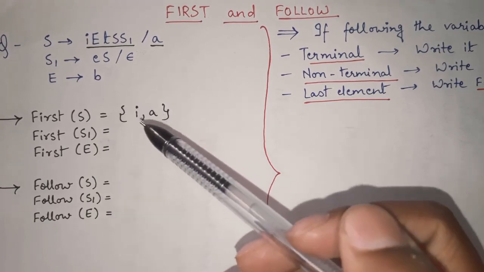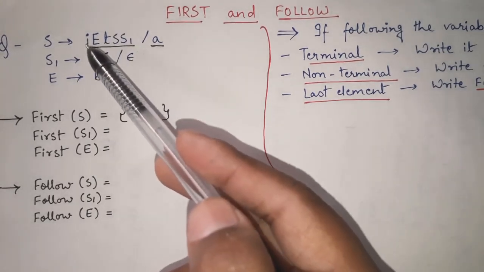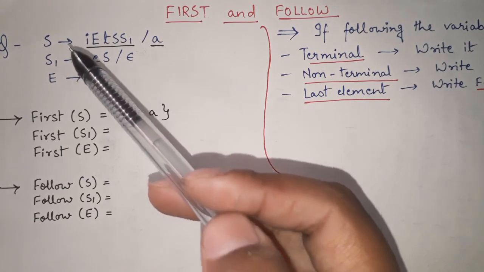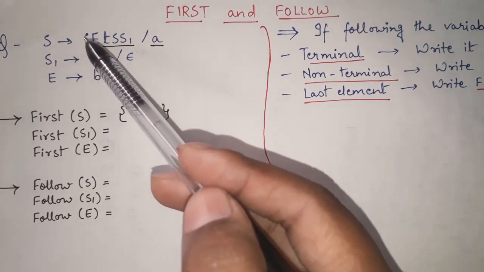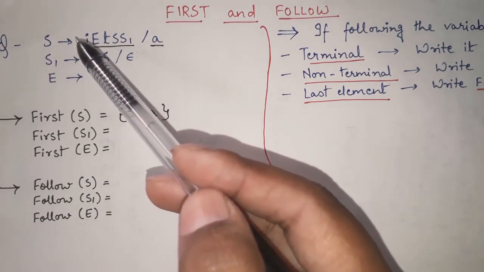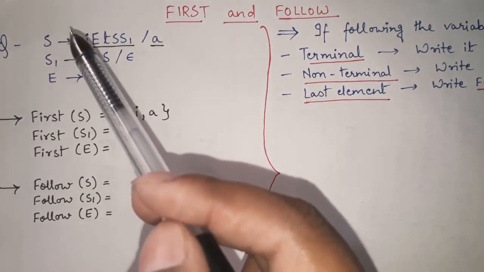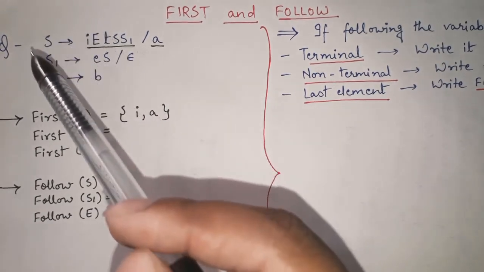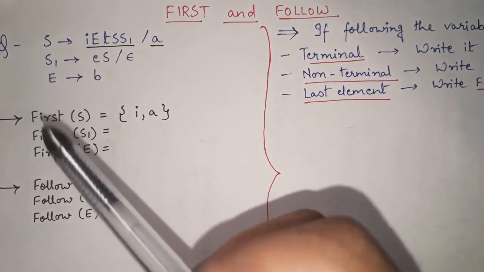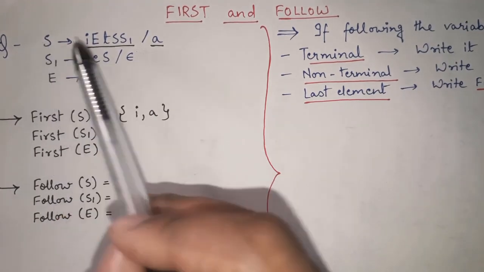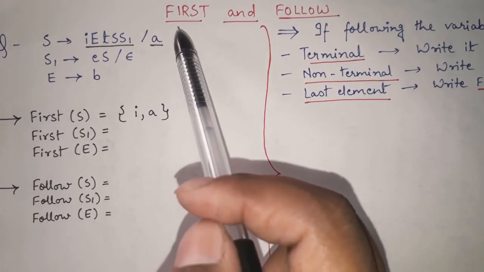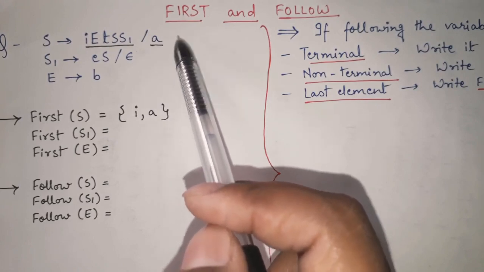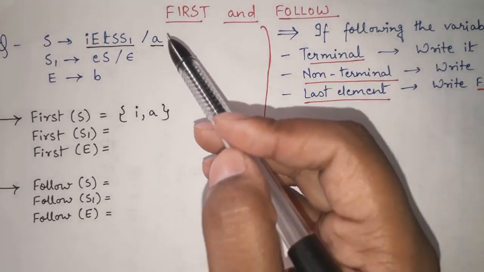But in case there is any non-terminal in the first place, what we have to do is go to the production of that non-terminal itself, and find out again the first terminals in its production. For example, here instead of a, I was having S1. Right, say S1.